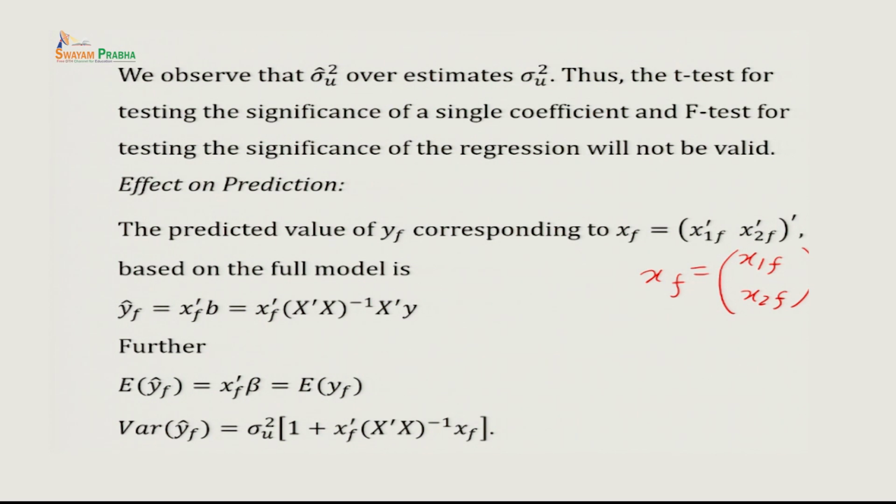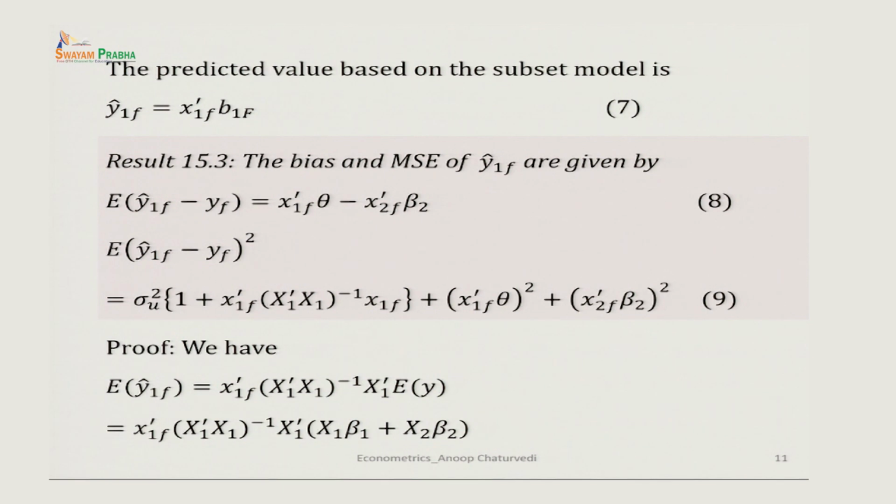But here in the misspecified model, you are using just this set of variables for predicting y f. So, the predicted value based on the subset model is y hat 1 f equal to x 1 f transpose b 1. So, this is the predicted value based on the misspecified model.